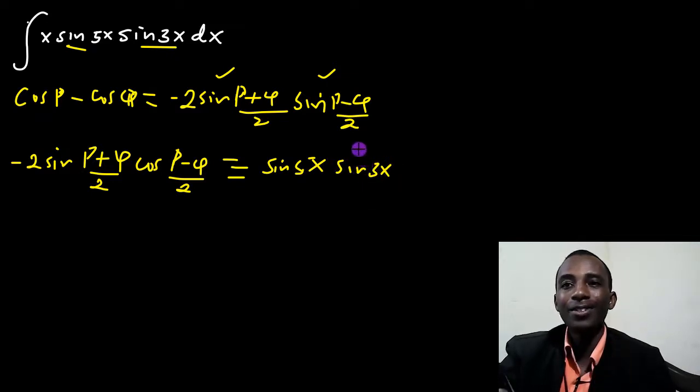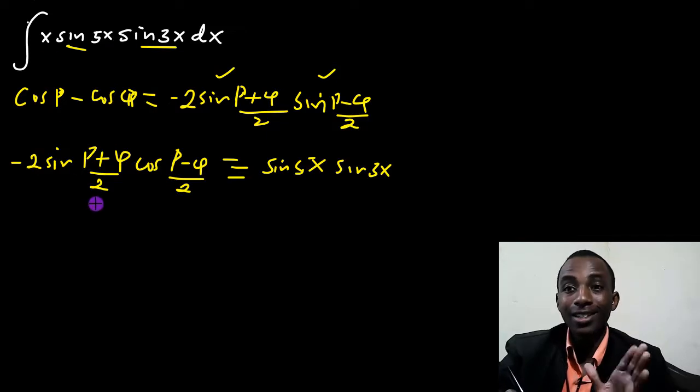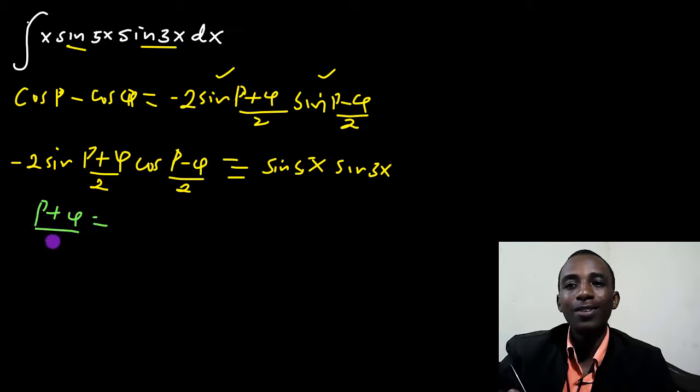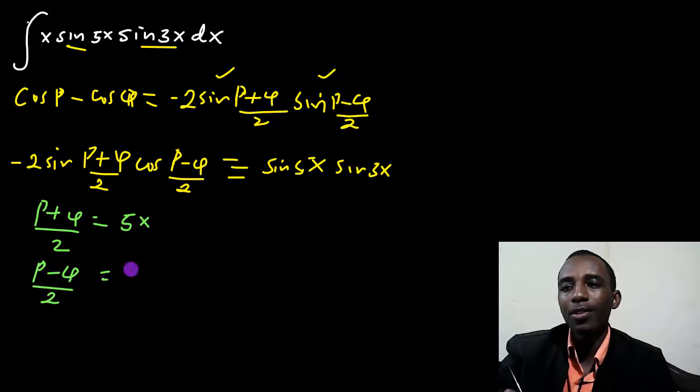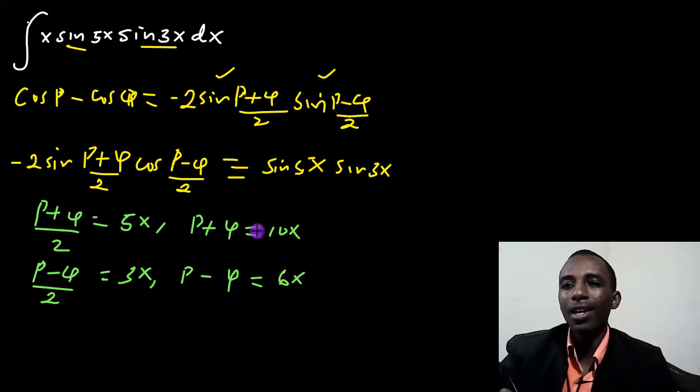And by direct relationship, I can deduce that (p plus q) divided by 2 is going to be equal to 5x. Also, I can deduce that (p minus q) divided by 2 is going to be equal to 3x. Now, of course, this means that p plus q equals 10x, and p minus q equals, what's that, 6x. I'm just multiplying 2 on both sides.